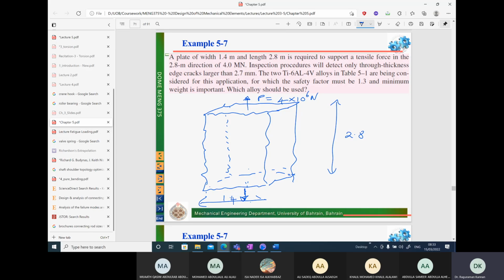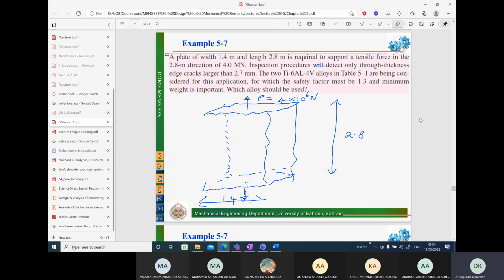Then inspection procedures detect only through thickness edge crack larger than 2.7 millimeters. So maybe there's a crack on the left edge or the right edge. Maybe we assume the crack is on the left edge.